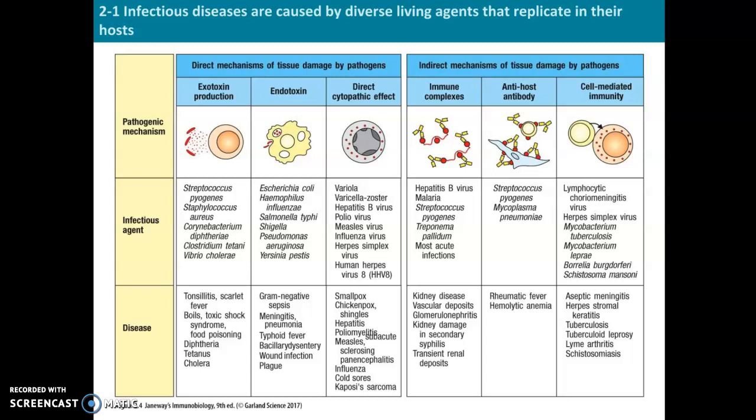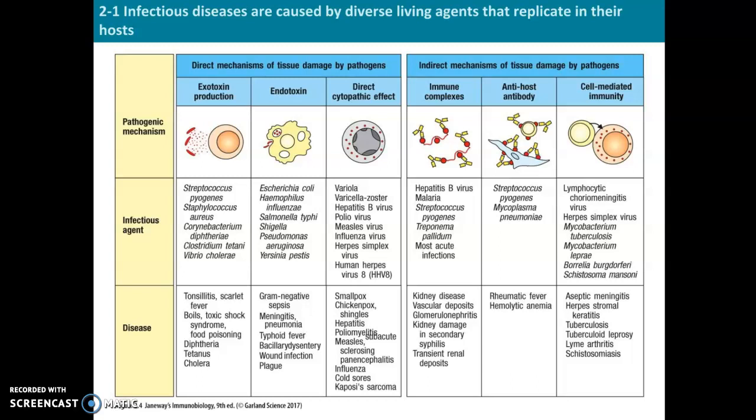Whereas you can have an endotoxin, this is a different kind of toxin, but it goes into the cell, and E. coli is really famous for that, causing sepsis. But we could also have Salmonella typhi that causes typhoid fever, or Pseudomonas, which can cause gangrene or wound infection, and Yersinia pestis, which is in the mouth of the flea, causing plague.